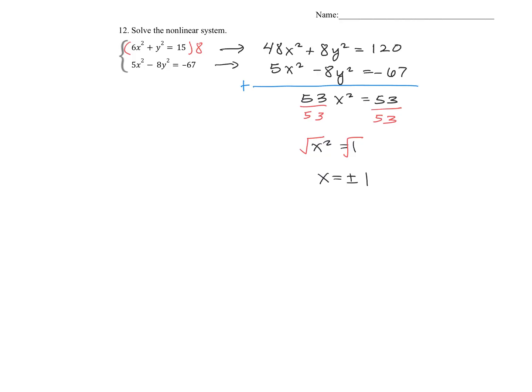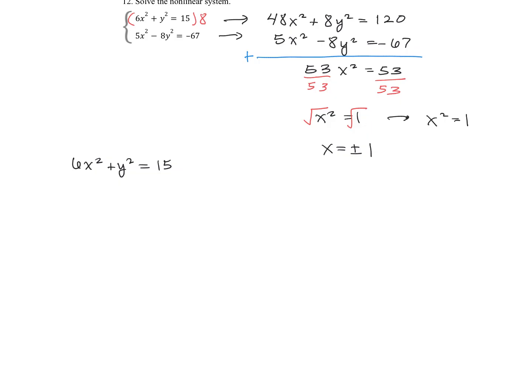All right, so now we can take either one of these equations and solve for the y. Again, if you look at the top equation, that's the nicest one because the y squared is already without the coefficient. So I can just replace x squared, remember this original equation here, equals 1.